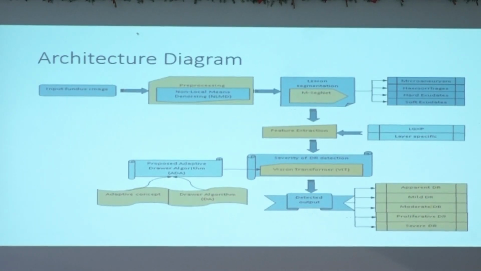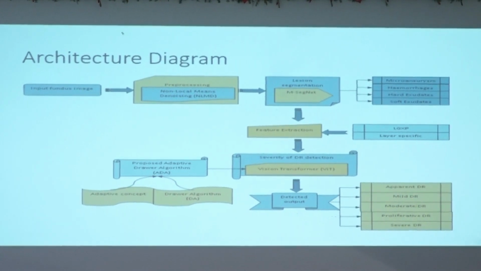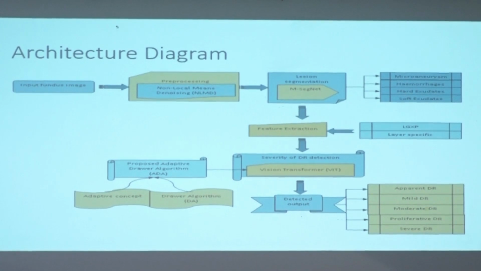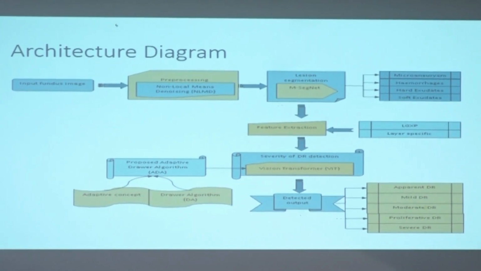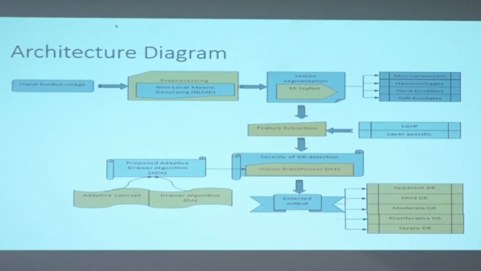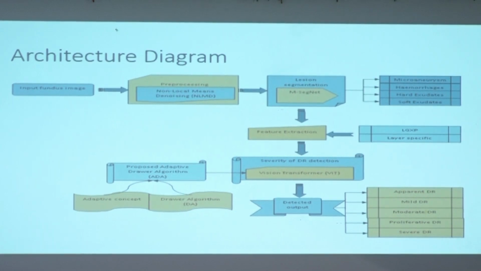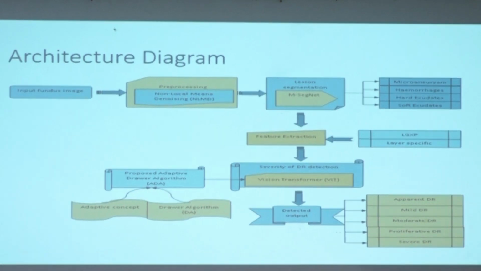This is the architecture diagram of mine. Basically I take the IDRiD database, and for pre-processing I use the non-local means denoising algorithm, and from there it goes to lesion segmentation. Whatever I told, microaneurysms, soft exudates, hard exudates and hemorrhages, in the lesion segmentation I will be classifying those, and from there feature extraction.